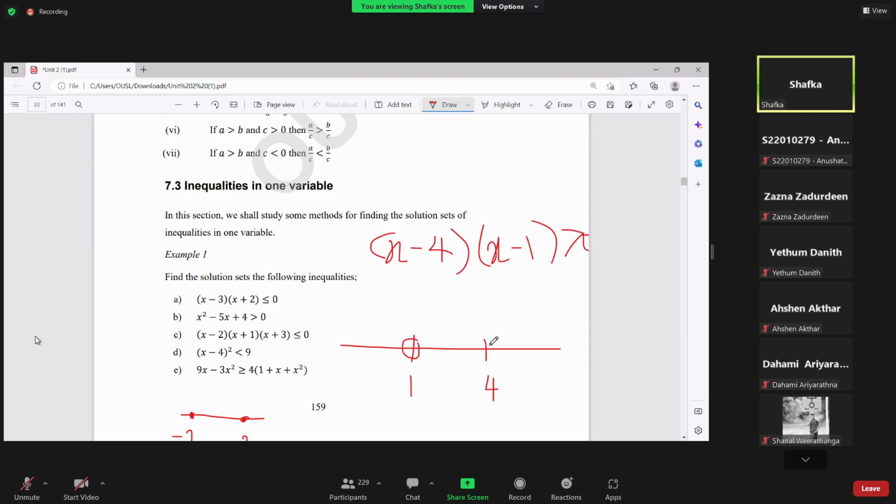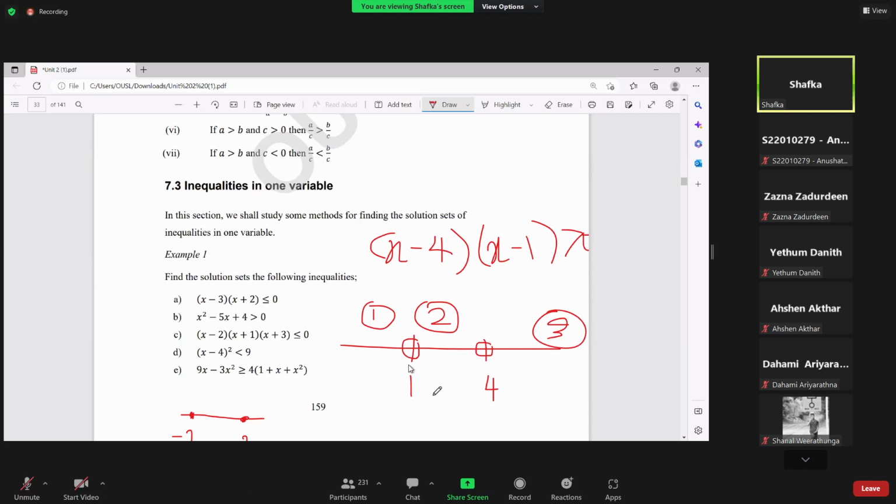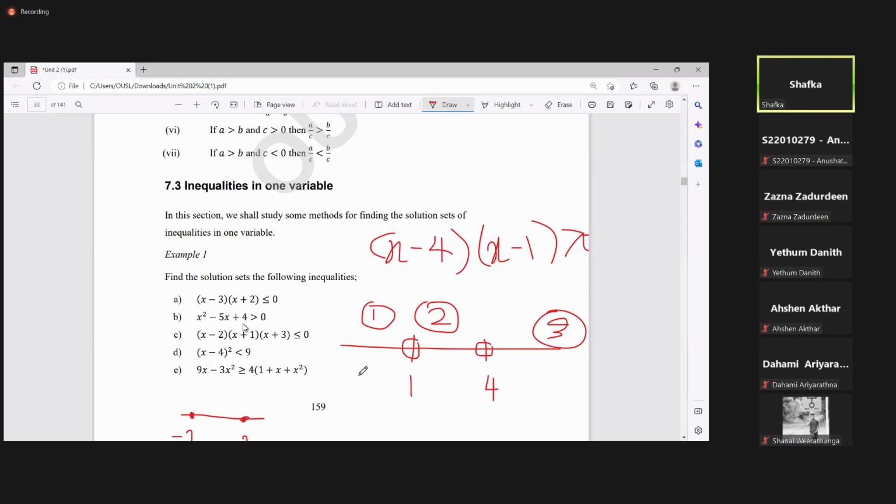Now what about the regions? Consider first region, second region, and third region. First region, we can consider 0, any number which is less than 1.